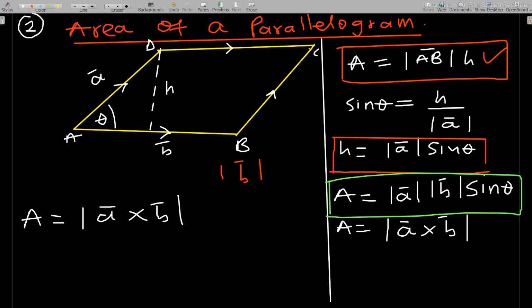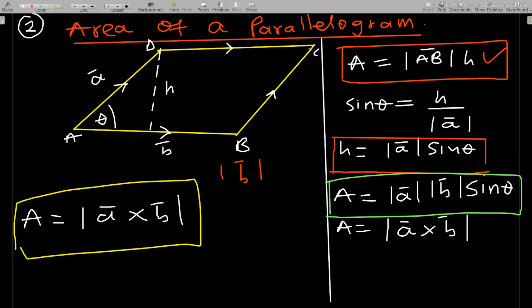And if you remember, we said that a cross b is actually equal to the magnitude of a times the magnitude of b times sine theta. Now we are looking for area, which will be a distance or magnitude, so you have to find the magnitude of a cross b, and that will be the area of a parallelogram using cross products.